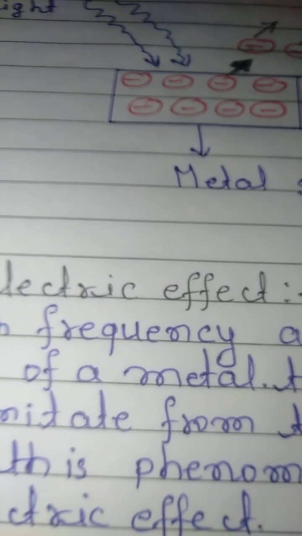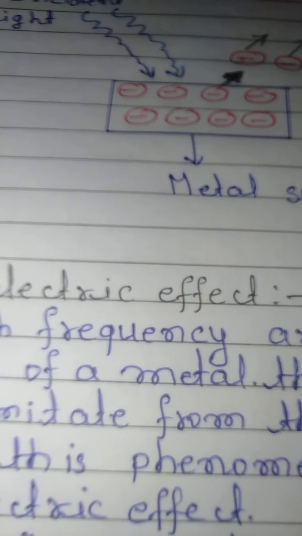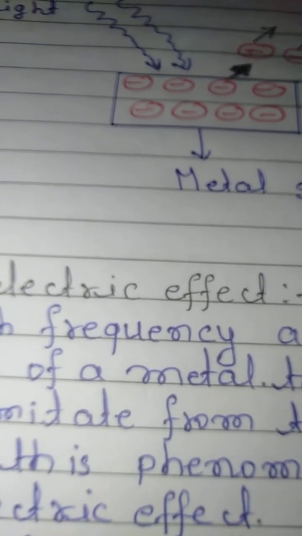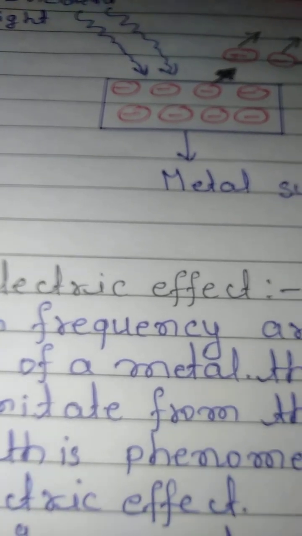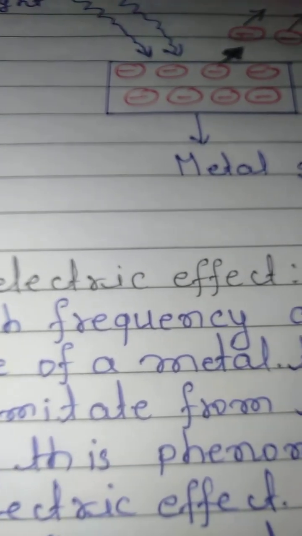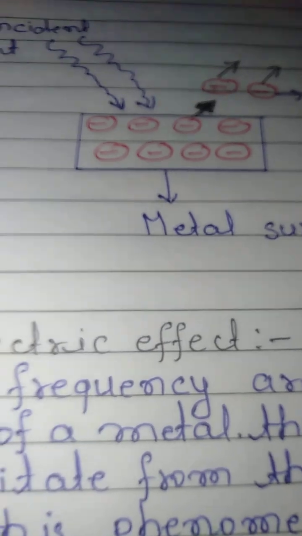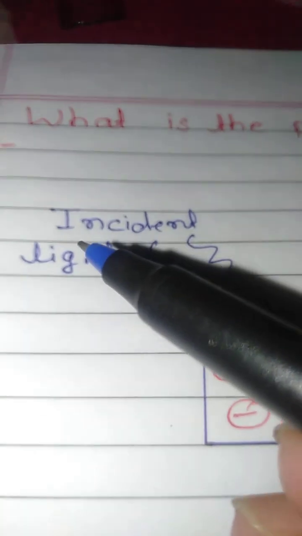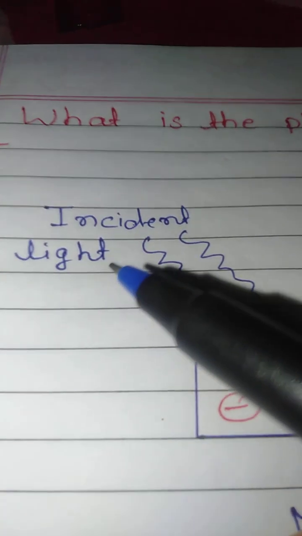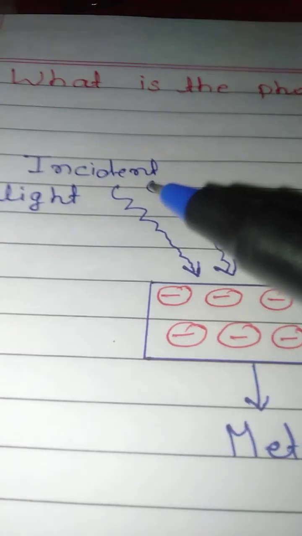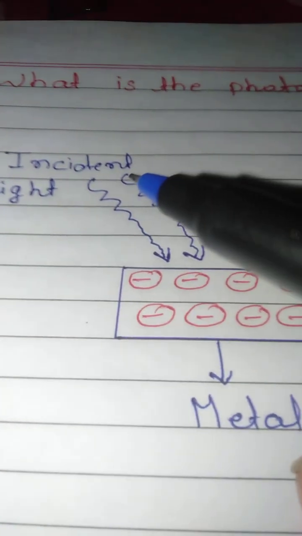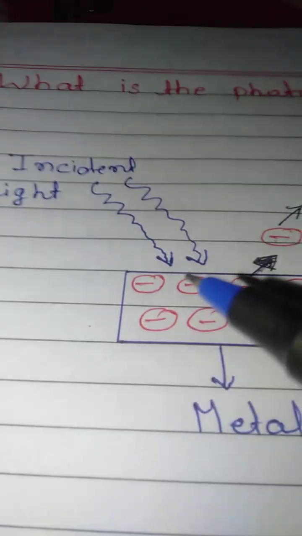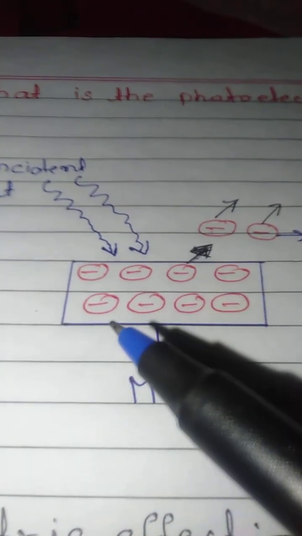So my dear friends, now understand through this figure. You can see here, this is incident light. This incident light falls on the surface of the metal.